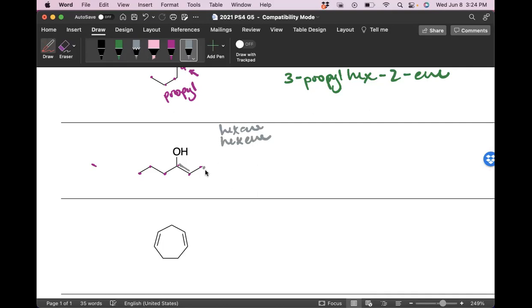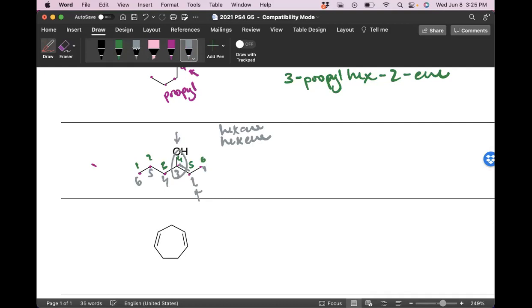Let's number it. 1, 2, 3, 4, 5, 6. The other way around, 1, 2, 3, 4, 5, 6. We have a priority group OH, and whichever gives the smaller number we have to go with, which is the 3. And thankfully that works out too, because our alkene is also denominated as 2, which is preferable.